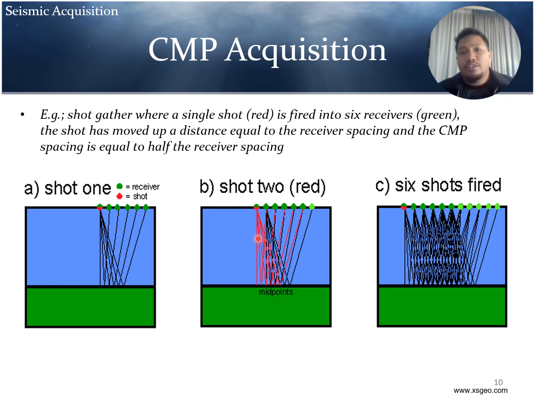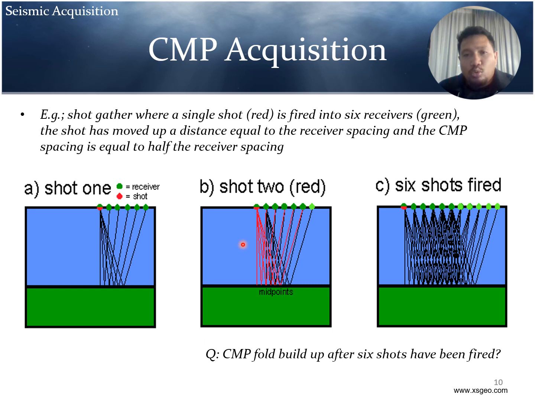So in general, the middle sections always have the most fold, as shown in the previous slide. As we go to the middle, the number of folds will keep increasing. However, this slide actually tries to show the relationship between the geophone spacing, which is always half of the underground reflection spacing.